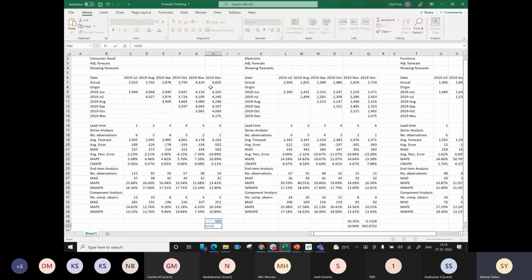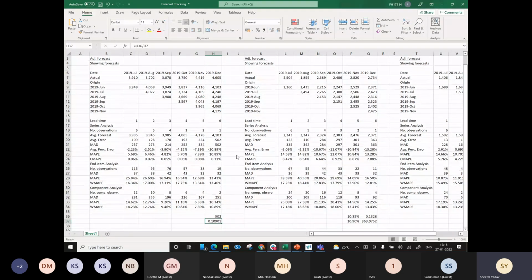And if I divide this absolute difference by my actual, that's my percentage. And if I look at the MAPE over here and here, it's almost similar. The difference could come because of the decimal values in my forecast. So that's how the system is calculating the MAPE.